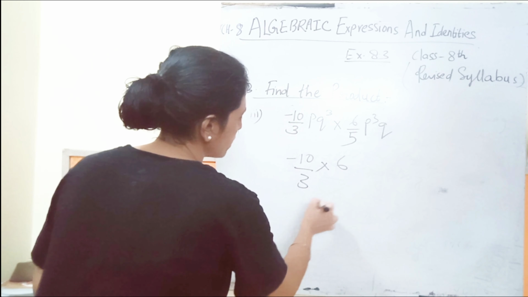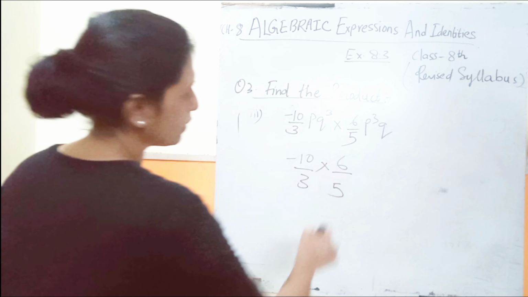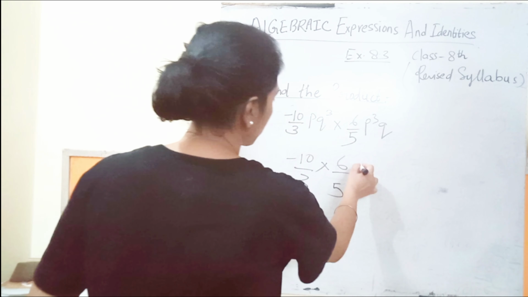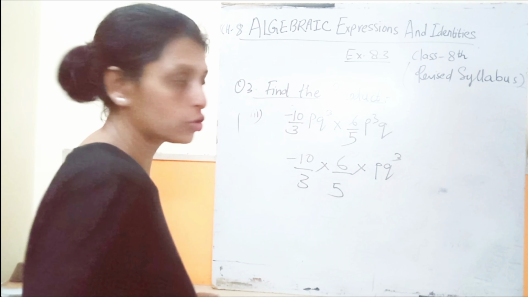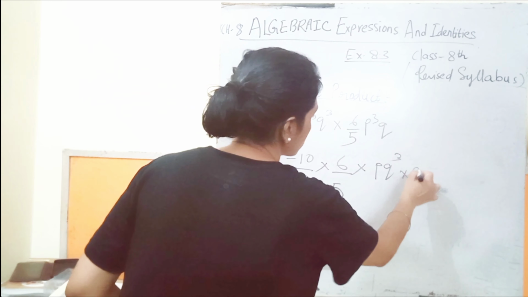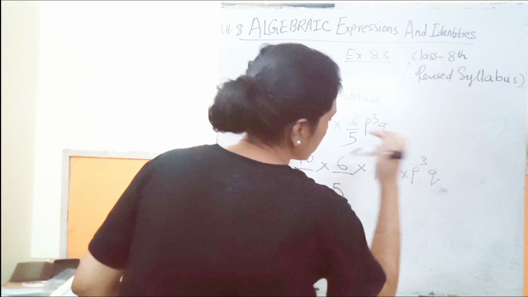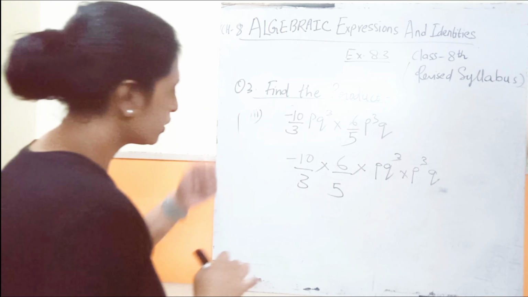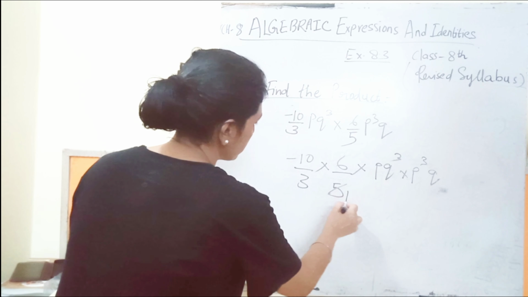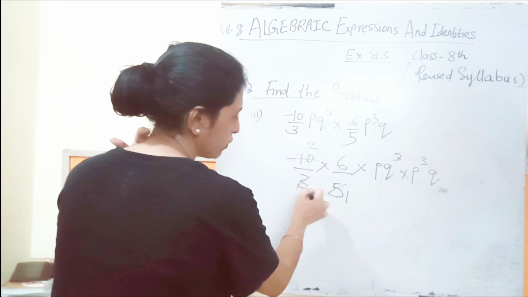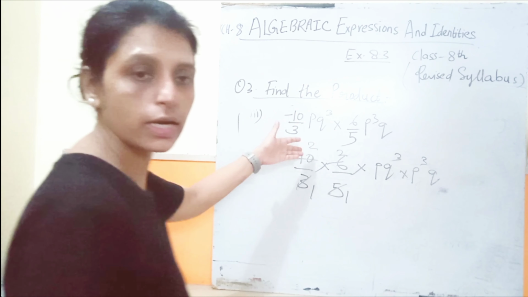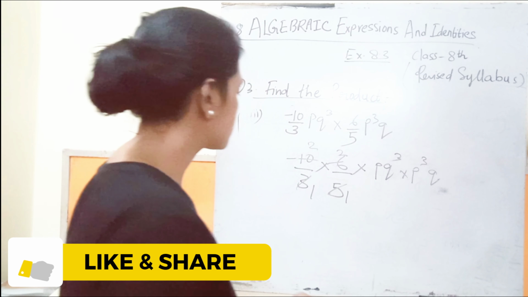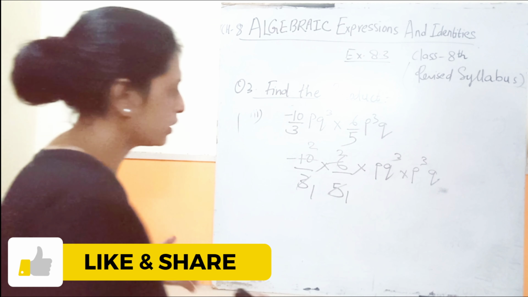So minus 10 upon 3 multiplied by 6 upon 5, then we are going to write the variables pq to the power 3 into p raised to the power 3 into q. Okay, now what we are going to do? 5 1s are 5, 5 2s are 10, 3 1s are 3, 3 2s are 6. In multiplication, if the fractions are there, we can cancel diagonally, numerator and denominator.